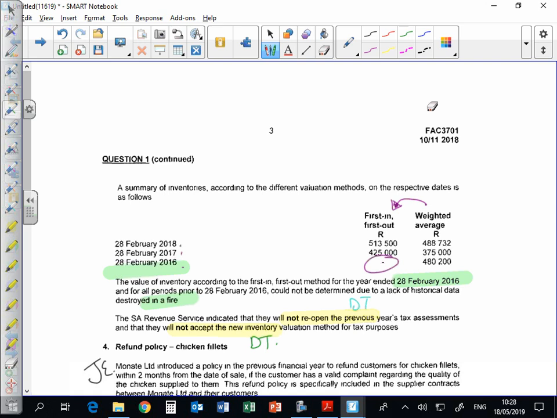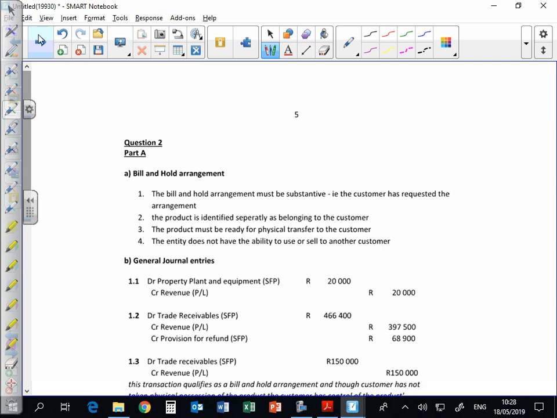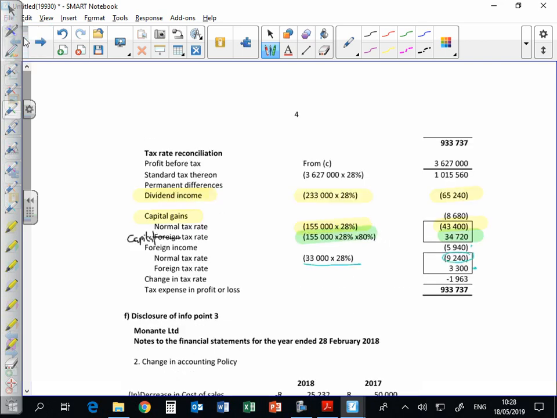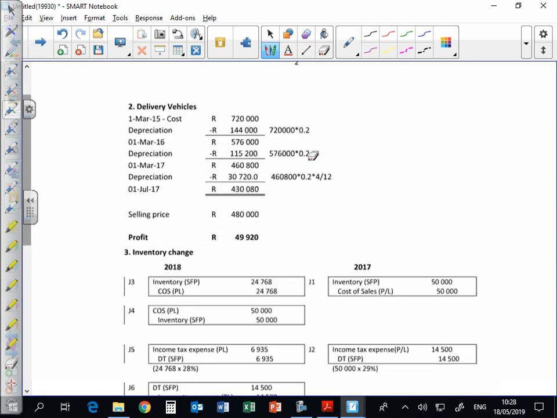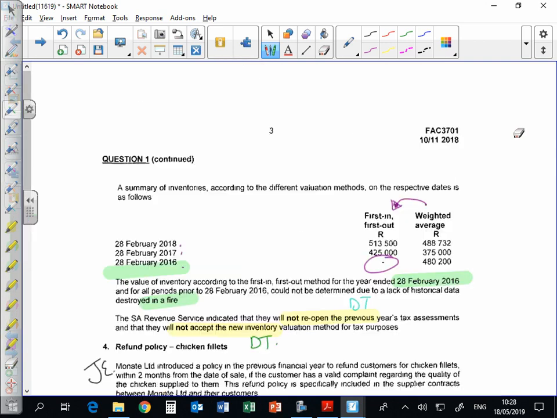All right, going forward. Okay, so if we quickly look at our journal entries, the calculation was done over here. So in 2017, we went from weighted average to first in, first out. Do you guys agree that we had an increase in our inventory value of 50,000 Rand?